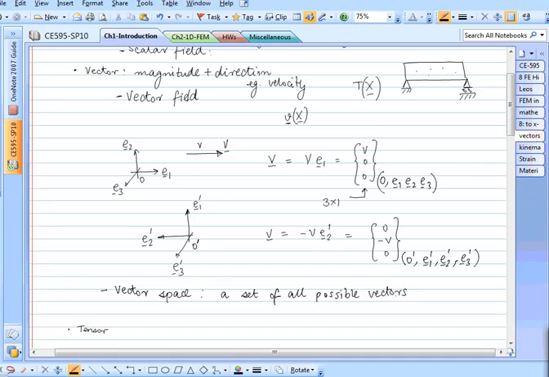For example, in 3 dimensions, the example is the real 3-dimensional space, R3. The set of all possible values, or all possible vectors, if you arrange 3 numbers, that entire set is the vector space. So what we are essentially saying is that every vector in this real world is a part of a vector space.